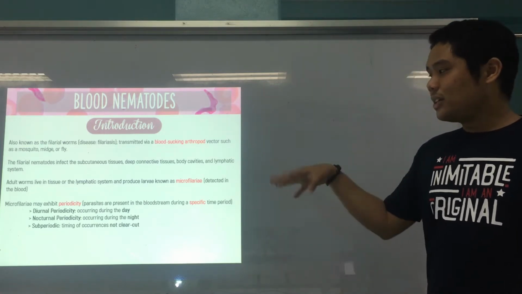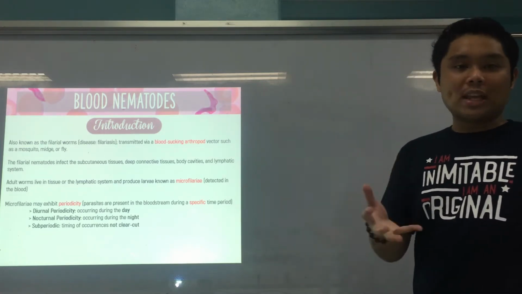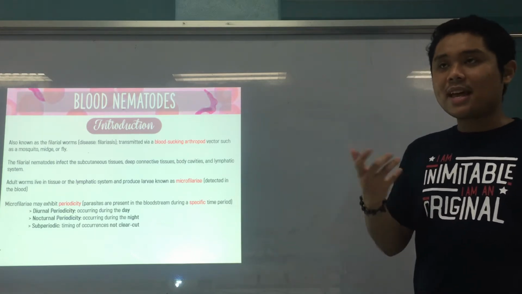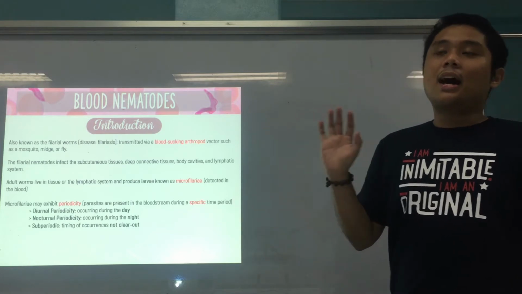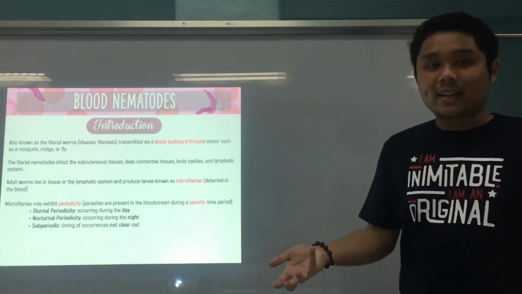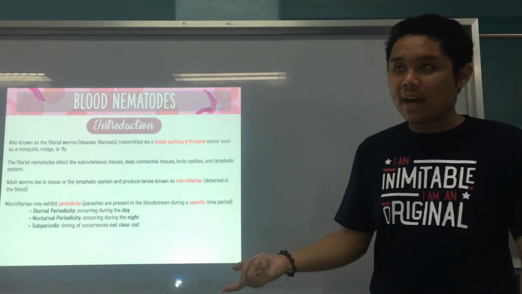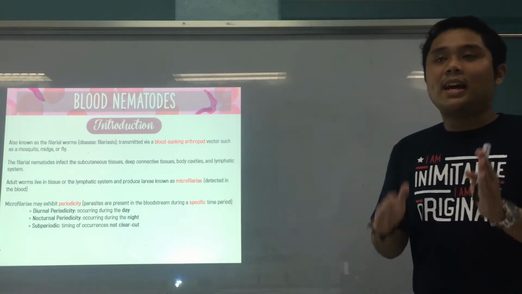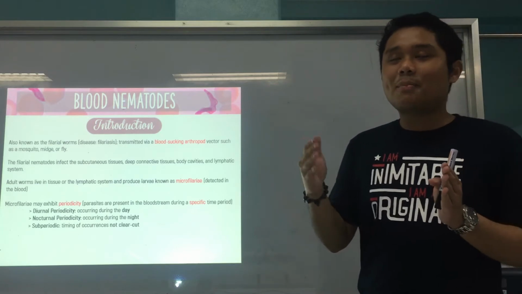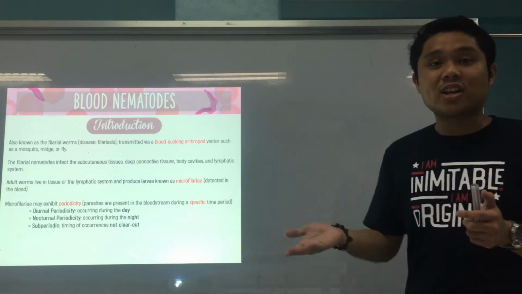Now, what's the importance of this periodicity? It's important because once we know the type of filarial worm that this patient has, we already know what time to collect the blood sample, because we know that at this time of day the parasite is in great numbers in the patient's system.